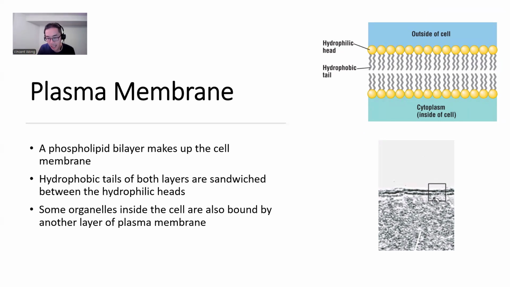The black lines are the hydrophilic heads, and the white gap between the black lines is where you have the hydrophobic tails. You won't have to identify real pictures like these, but I'll give you a cartoon picture and ask you to identify the organelle. If you need practice, please do the study guide for lecture 3.